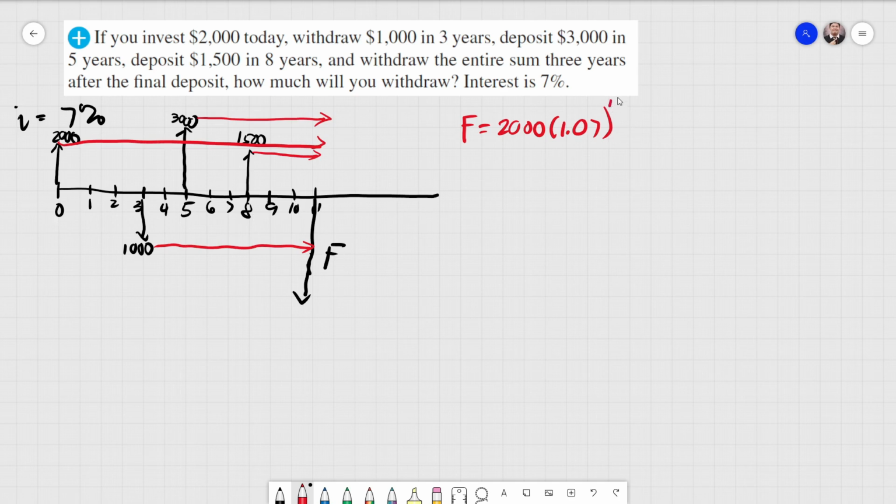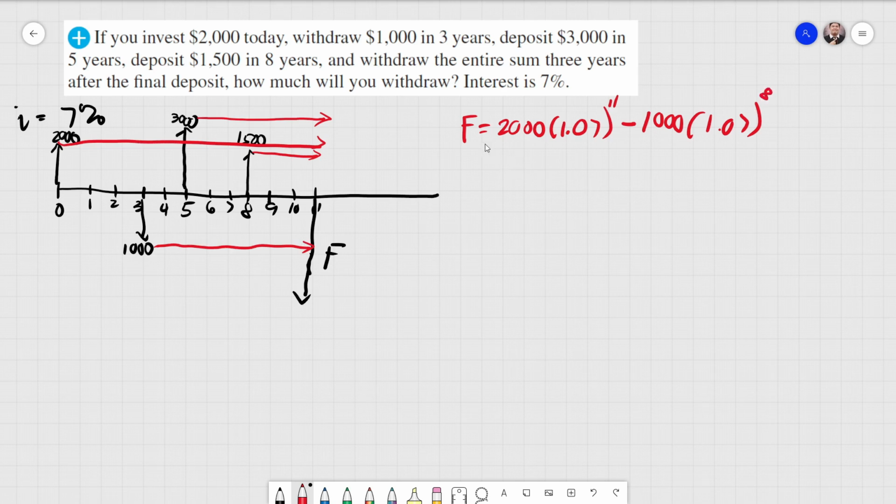So, raised to 11 minus itong ating withdrawal na 1,000, so that is 1,000 times 1.07. Again, from year 3 hanggang year 11, ilang yung time period niya in between. So, that is 11 minus 3. That is 8.